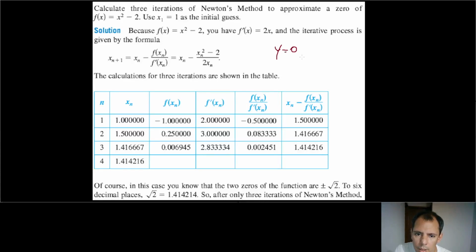So y equals x squared minus 2. This thing is going to become a 0. x squared equals 2. x equals plus or minus the square root of 2. So these are the zeros. Why are you doing this thing? Because remember, sometimes you're going to find equations that are not that easy.